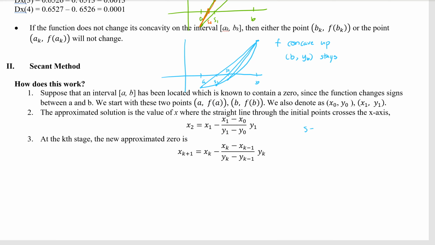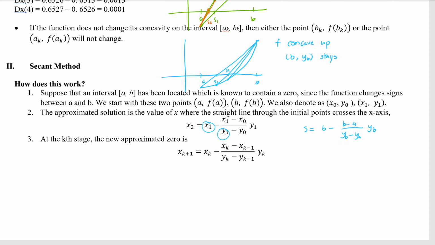We have s equals b minus (b minus a over yb minus ya) times yb. And here we just call x1 be b, x0 be a, y1 be yb, y0 be ya. So they're the same, right, everybody?